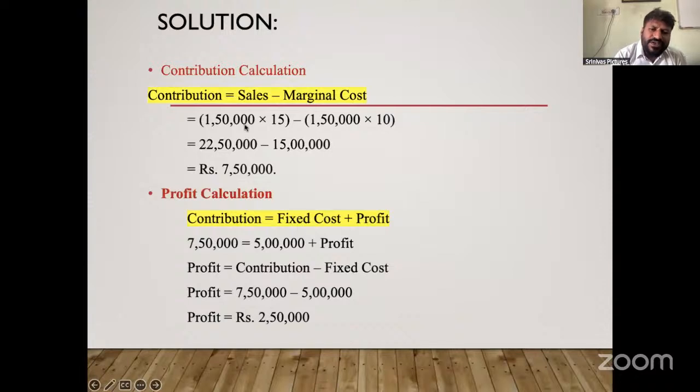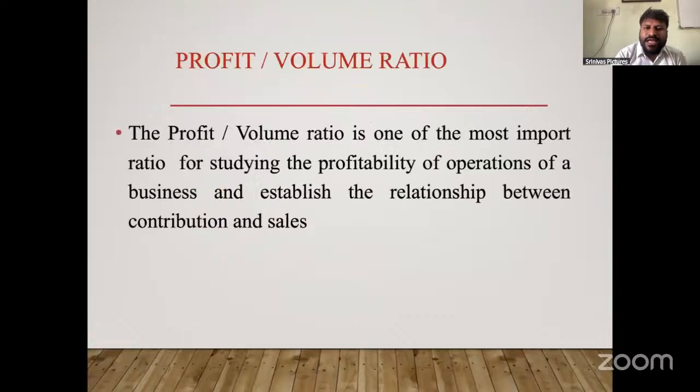Fixed cost also they have given in the problem, that is 5 lakhs. So profit is equal to contribution minus fixed cost. 7,50,000 minus 5 lakhs, so remaining 2,50,000 is the profit. And the contribution is over.